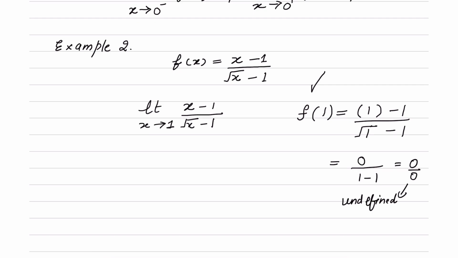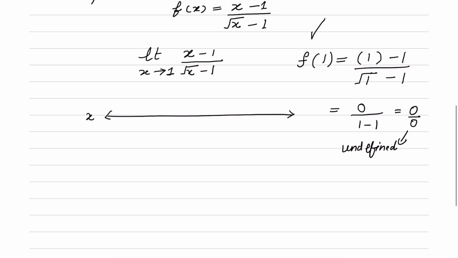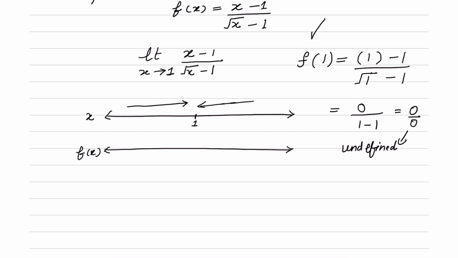For this, we will mark the x values here, and we will mark the y values, or f of x values, here. Since we have to find the limit at 1, we will mark 1 here. When x is getting closer to 1, it means x is getting closer to 1 from the right side of 1, and from the left side of 1.